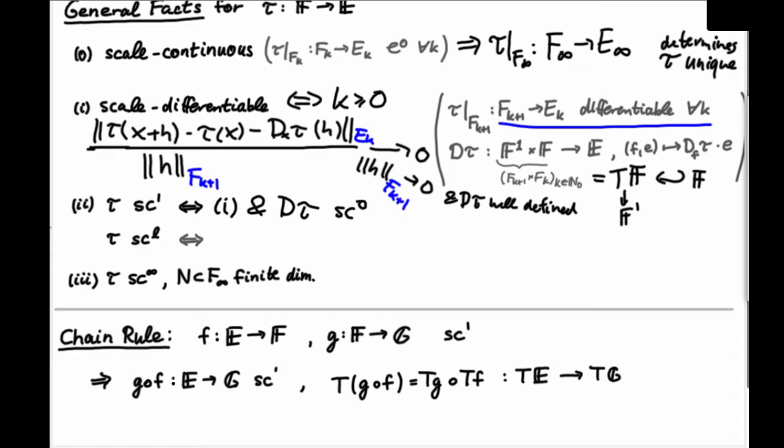And that's something that I can check again just in terms of norms on the smooth elements. Similarly, SC^L means I need this difference quotient to begin with to define what my differential is, and then I've hopefully made sense of SC^{L-1}, and I get SC^L.